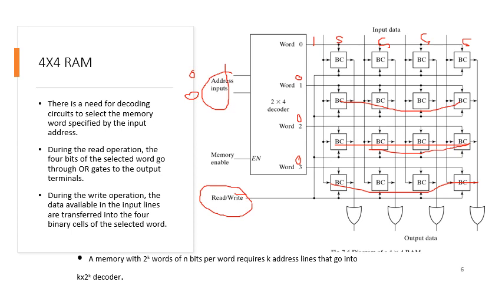If this line is 1, the contents stored in this basic cell, or this one, or this one, or this one, are placed on their respective output lines that are being carried here. If you can see this structure here, the data is placed here, and this 4-bit data is the output in that particular case.